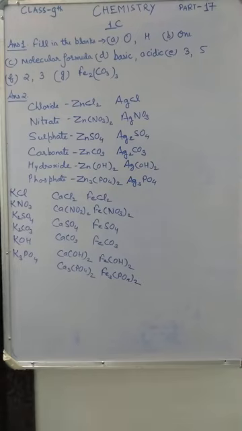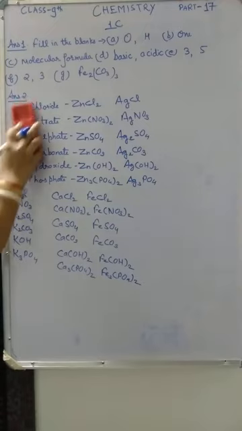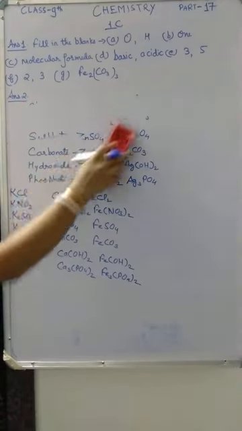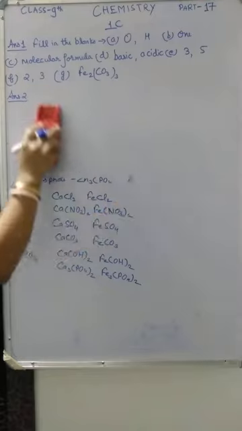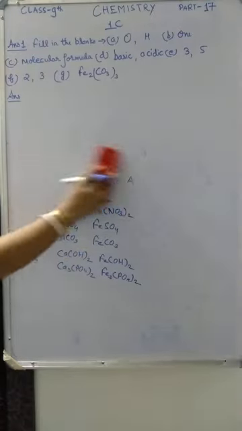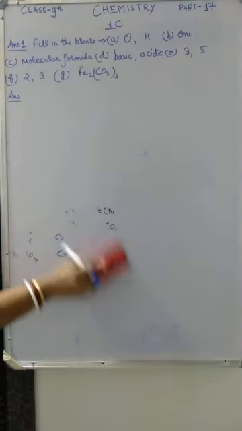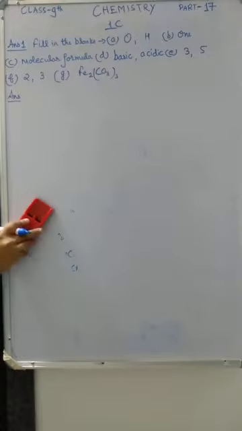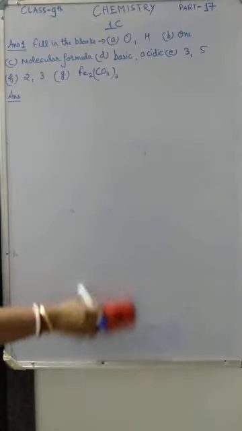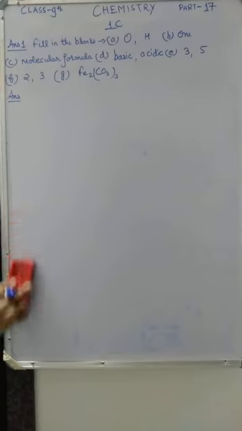Now next one is question number 3. Sodium chloride reacts with silver nitrate to produce silver chloride and sodium nitrate. One equation is given here. Your first question is, write the equation.